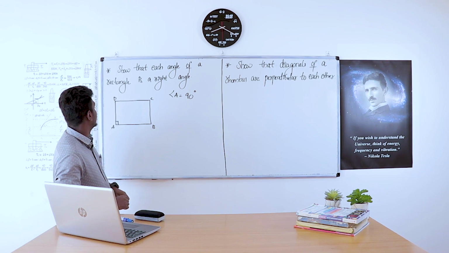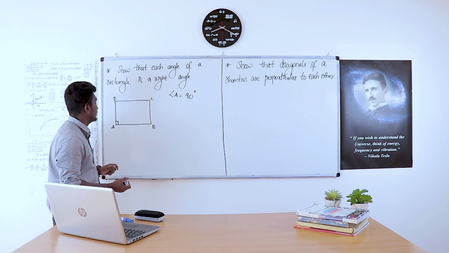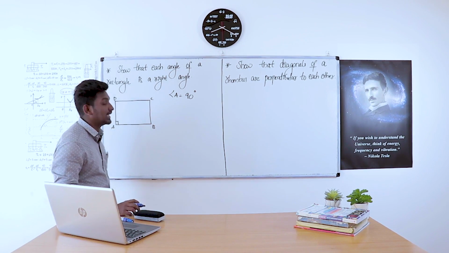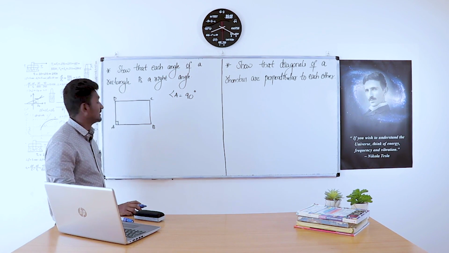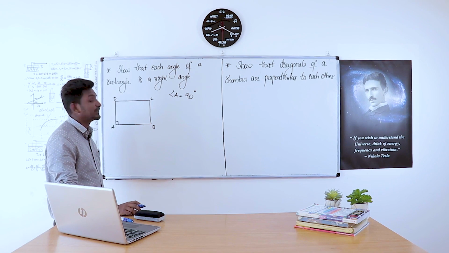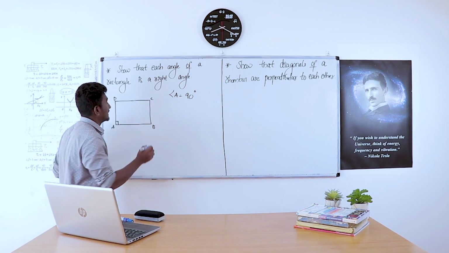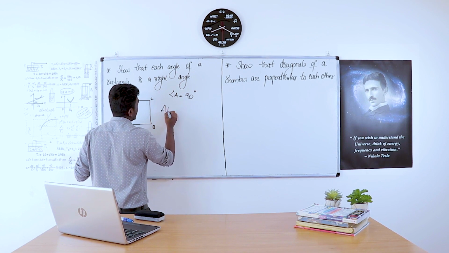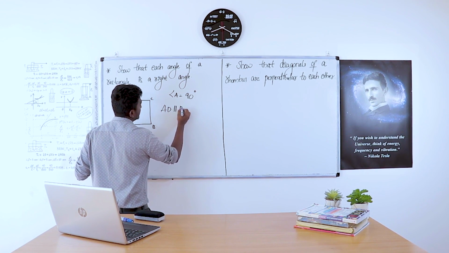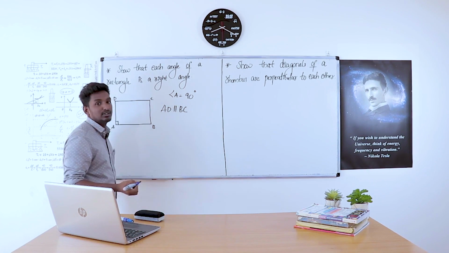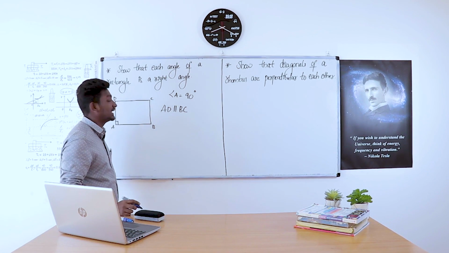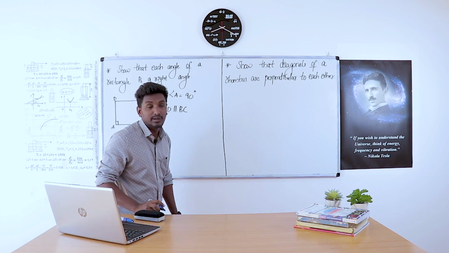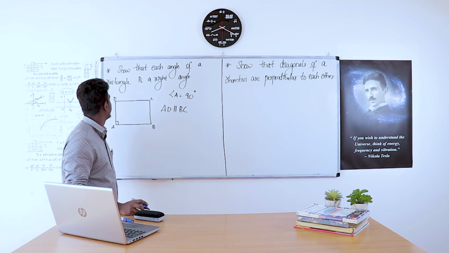Before that, we know that opposite sides of a parallelogram are parallel. Therefore, we can say that AD is parallel to BC. This is the property of a parallelogram, that opposite sides of a parallelogram are parallel.